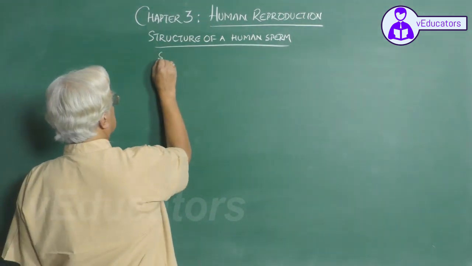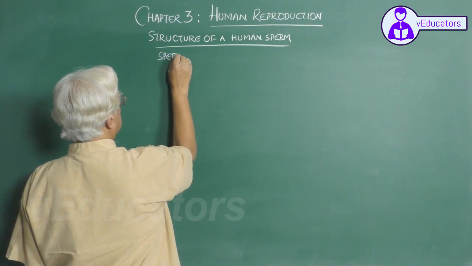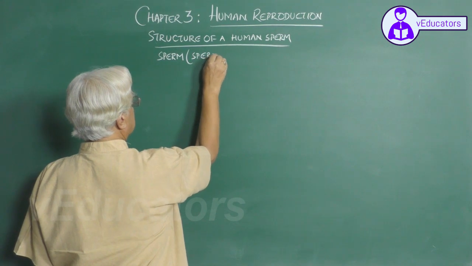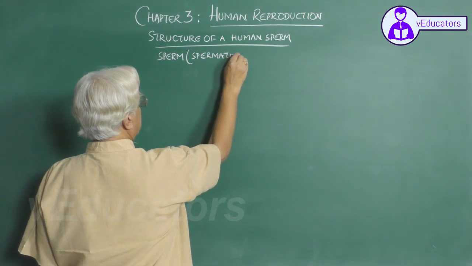Sperm is the male gamete. Sperm is the short form of spermatozoon.